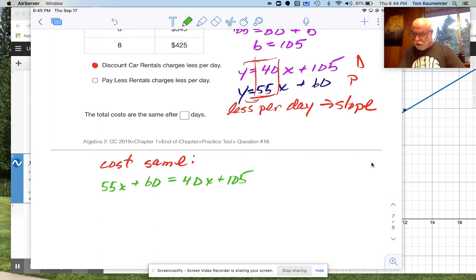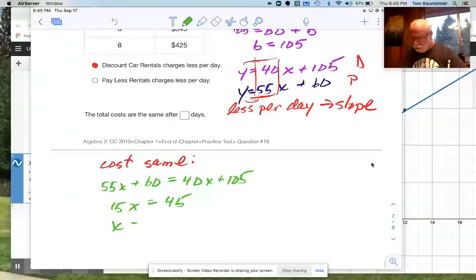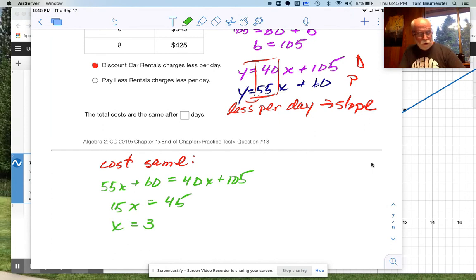So again, if I subtract the 40x, I bring it over to the left-hand side, I'll get 15x. If I subtract the 60 from the 105, I'll get 45. And then x would equal 45 divided by 15, or x is going to be 3. So the total cost is the same after 3 days.